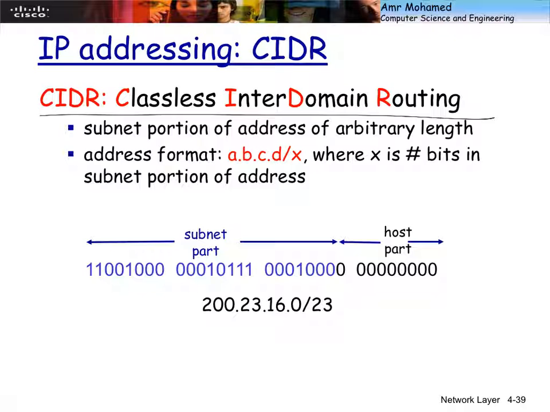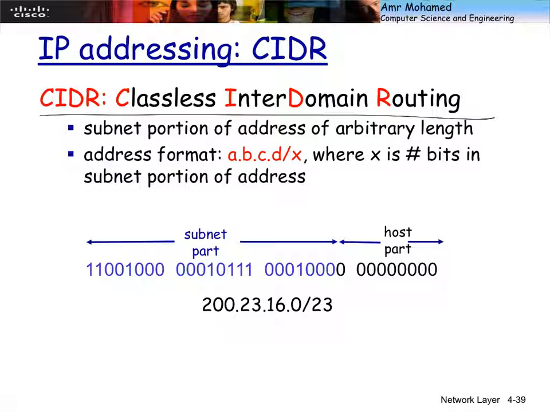CIDR, or classless interdomain routing, came as a new mechanism to use a specific subnet mask with the IP address. But where is the subnet mask stored? It's actually in the routing table, not in the packet. We don't store the subnet mask in the packet, but we store it in the routing table.